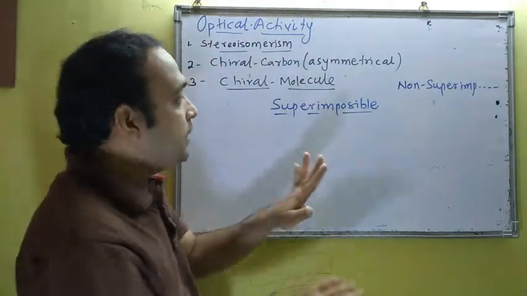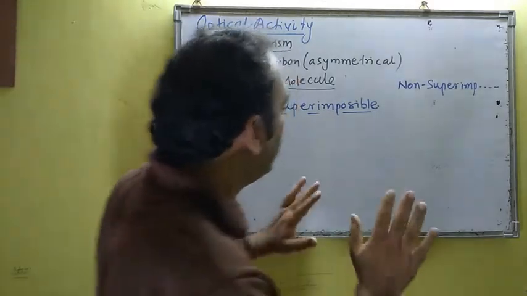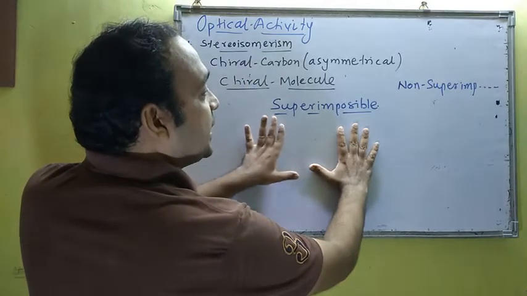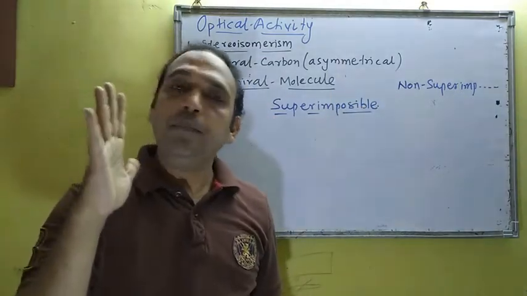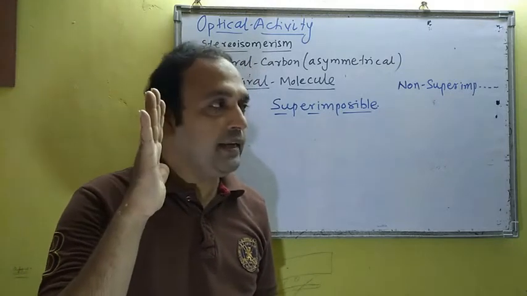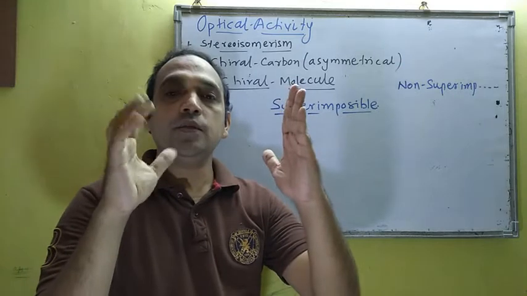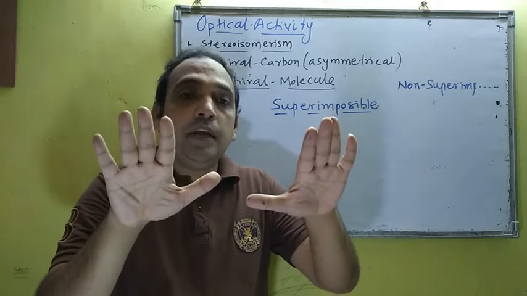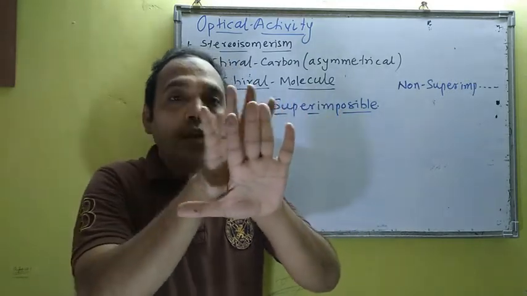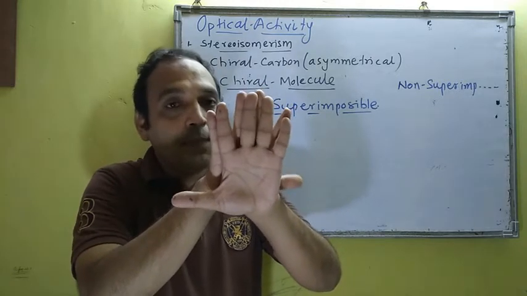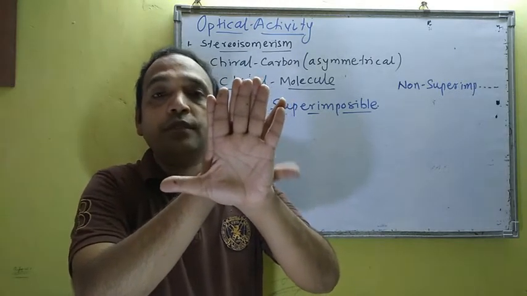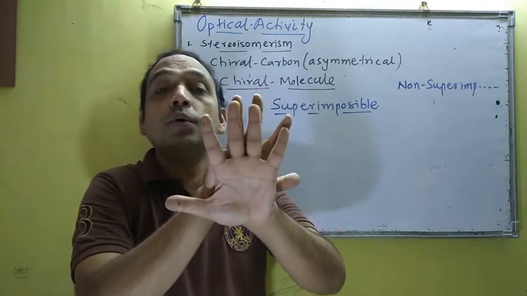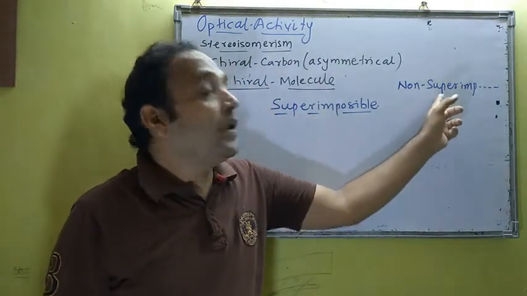When you observe the left and right hand, you will identify that my left and right hands are like an object and its mirror image. If I put my right hand in front of a mirror, you will get an image like this. So this one is your object, and this one is your mirror image. Now when I check the object and the mirror image, can they fit exactly on each other? No. See the position of thumbs, exactly opposite. See the position of fingers, they are also exactly opposite. So we will call this non-superimposable.